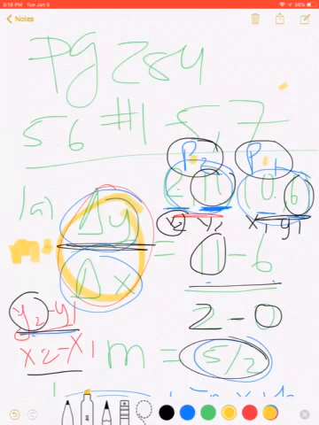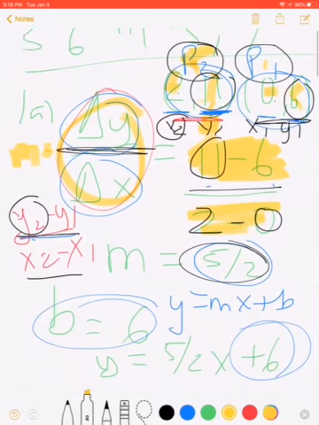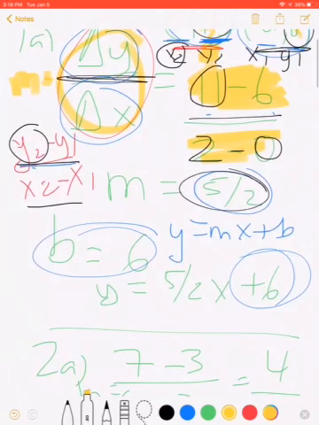To do that, you go y2 subtract y1, so this is y2 because I call that P2. You can call this P1 if you want, it won't matter, as long as you're consistent, your answers will be the same. So that's 11 subtract 6 for the top. On the bottom, you go 2 subtract 0, and then you end up with 5 over 2 as your slope.